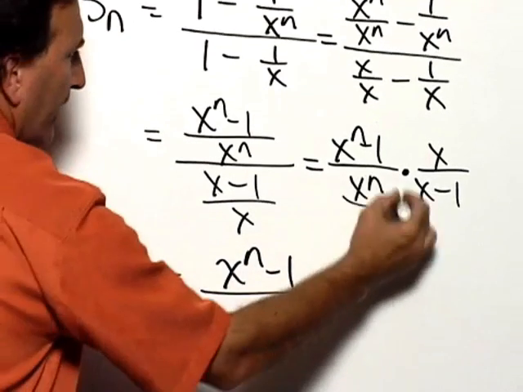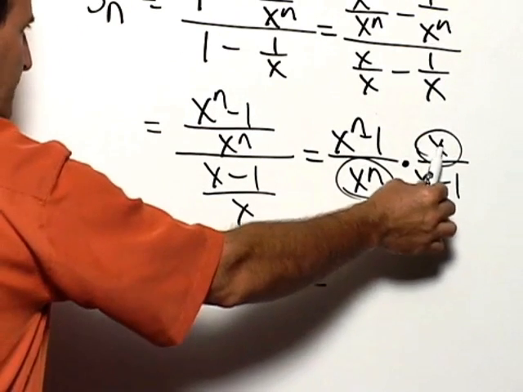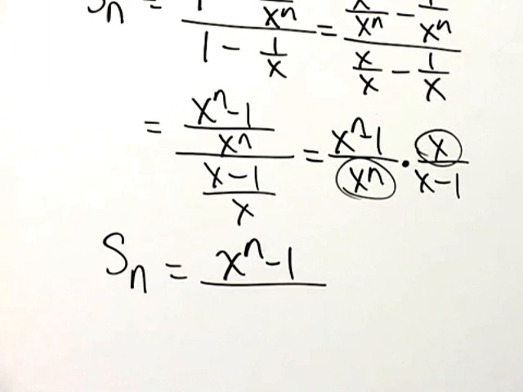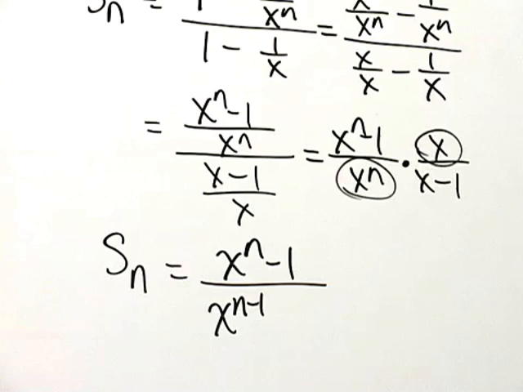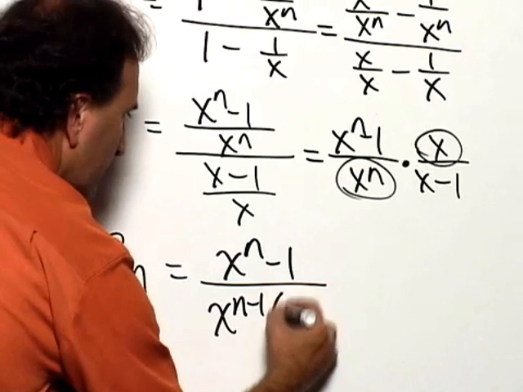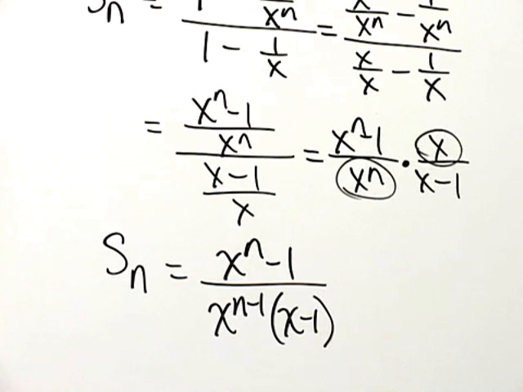Now notice that we have x to the n and x. If I bring this x down into the denominator, that becomes x to the n minus 1, and that would be multiplied by this factor of x minus 1. So there's another possible way of looking at the formula for the sum of the first n terms.